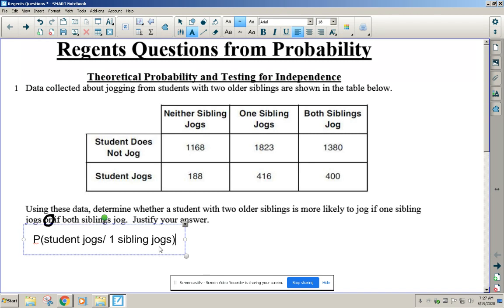So if I were to write this now as a probability in terms of a fraction, the bottom is going to be the number of one sibling jogging.